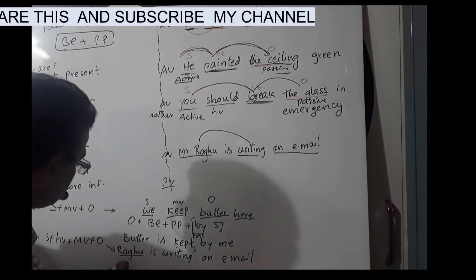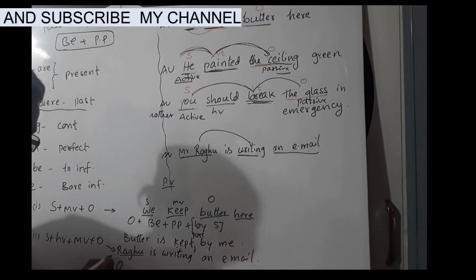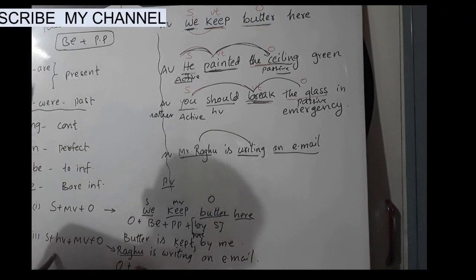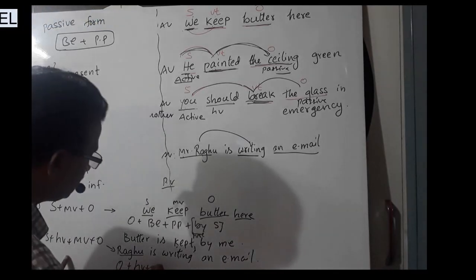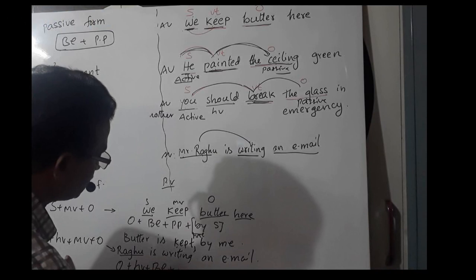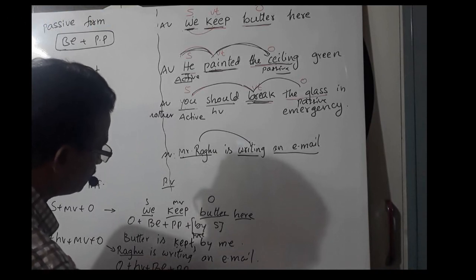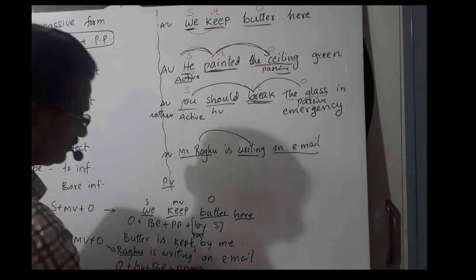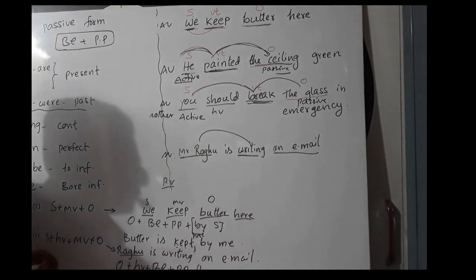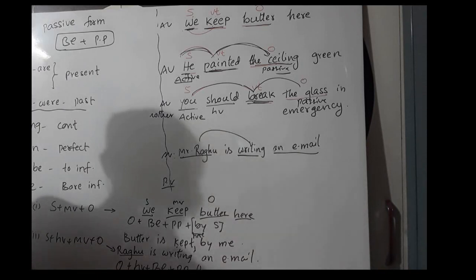That is, the object goes in the place of the subject, the helping verb remains the same but the verb must agree with its subject, plus the be form should be placed and again the main verb should be past participle, plus by plus subject. So this subject is unimportant. If you think it is important, you can use the preposition.